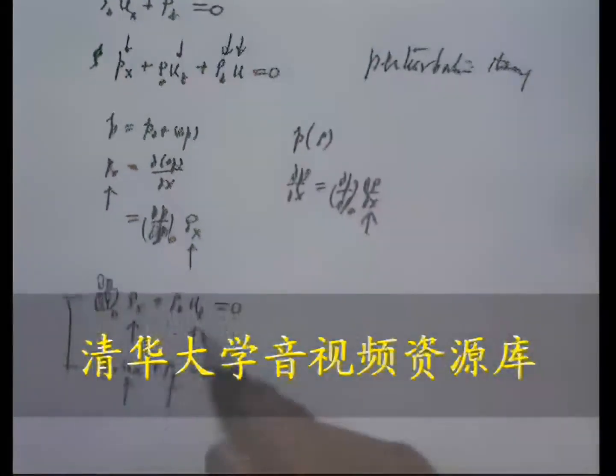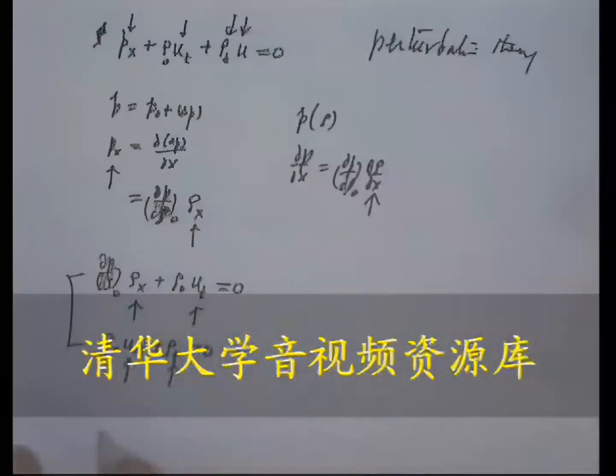Now, if I take the derivative of this one, I get ρ0 utt is equal to minus dP/dρ times ρxt from the first equation.